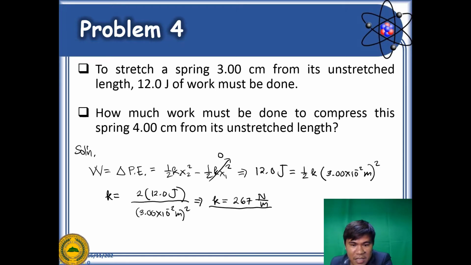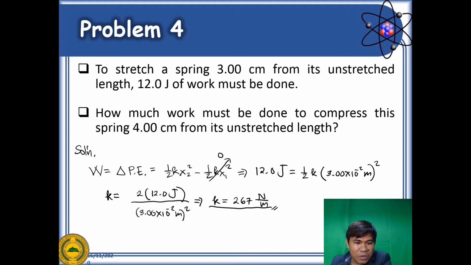So that's the spring constant. Now, that spring constant is the same in this second condition, when you compress that same spring, but the compression distance now becomes 4 centimeters.